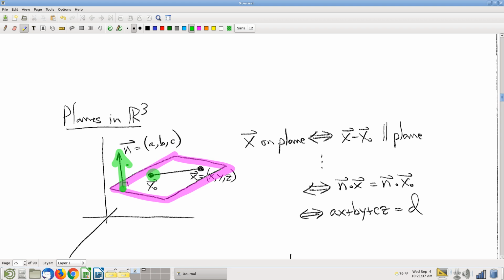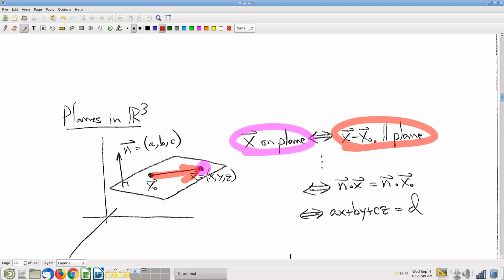Again, we can make the observation that a point is on the plane if and only if the difference vector, x minus x naught, is parallel to the plane. If the point's on the plane, that difference has to be parallel. If the point's not on the plane, then x minus x naught will not be parallel.